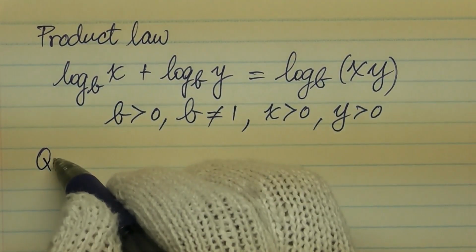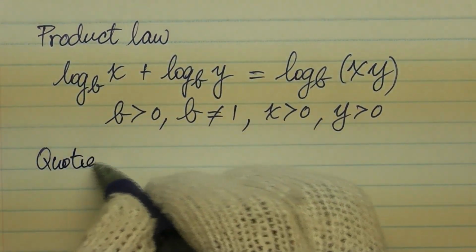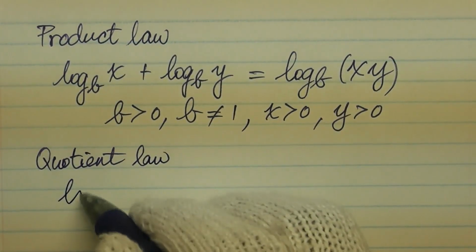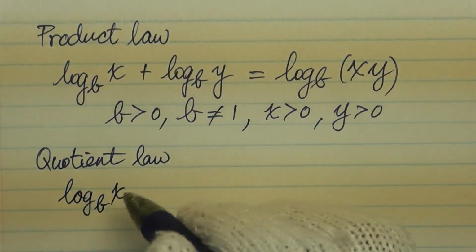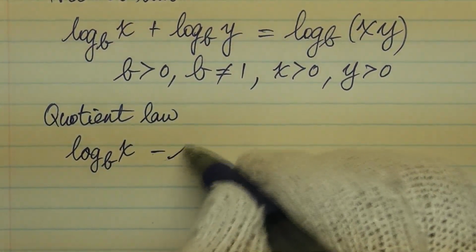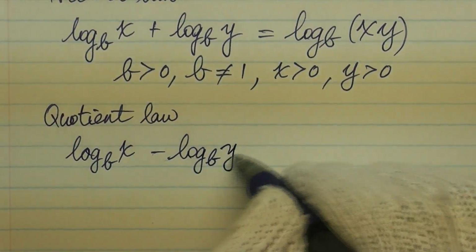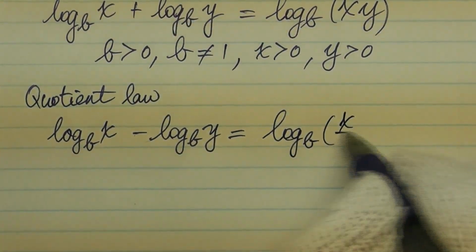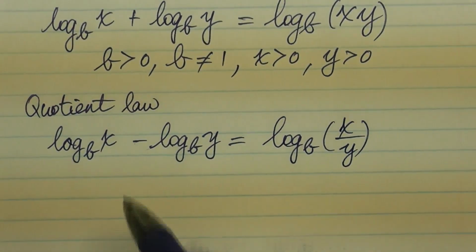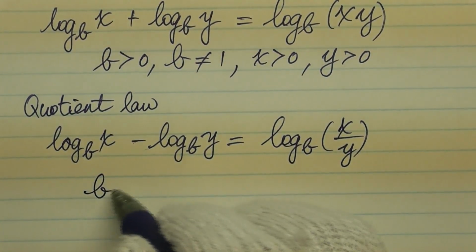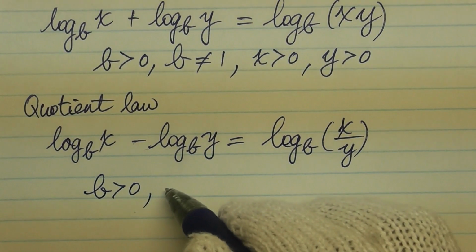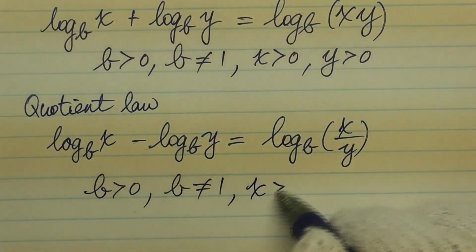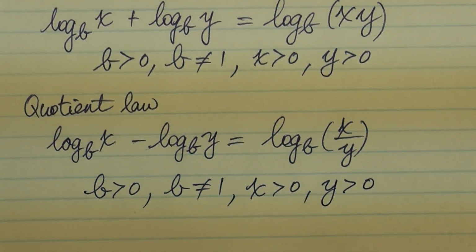So you've got the product law, and you've got the quotient law, which says the log base b of x minus the log base b of y is equal to the log base b of x over y, subject to the same conditions as before. b has to be greater than 0, b cannot be 1, x has to be greater than 0, y has to be greater than 0.